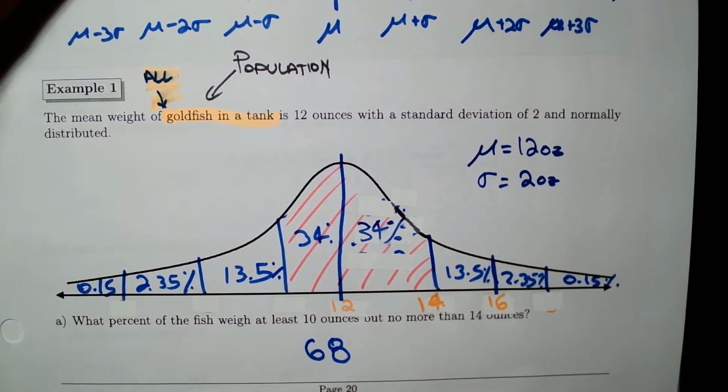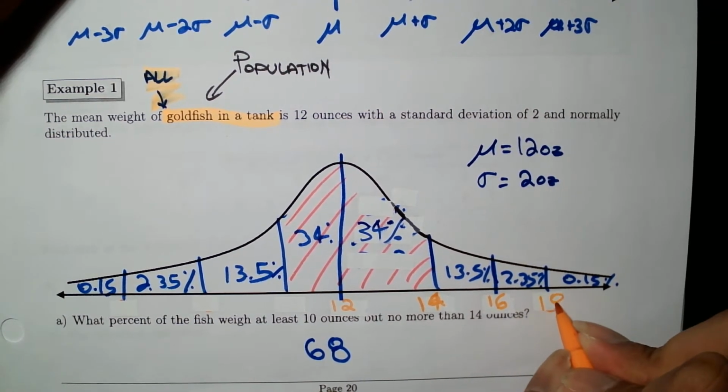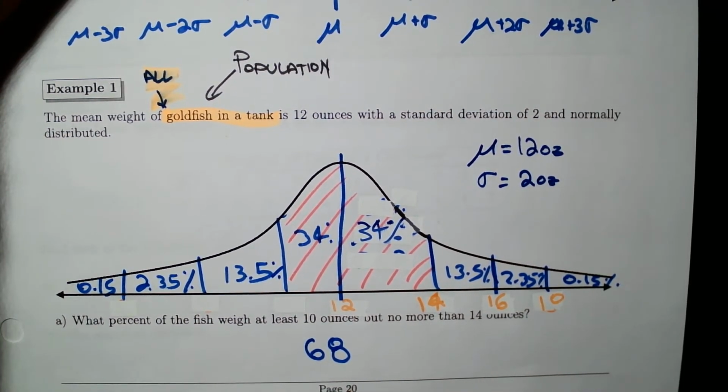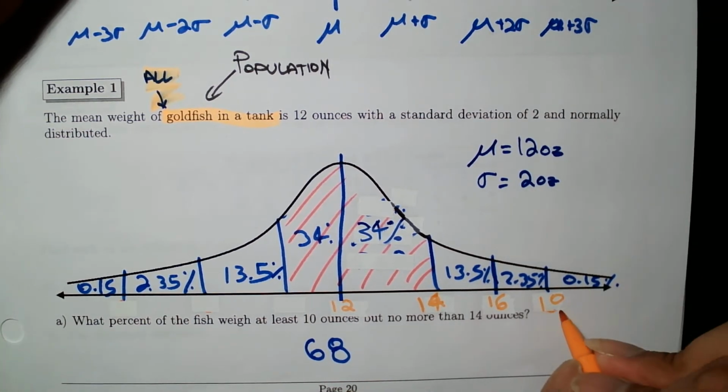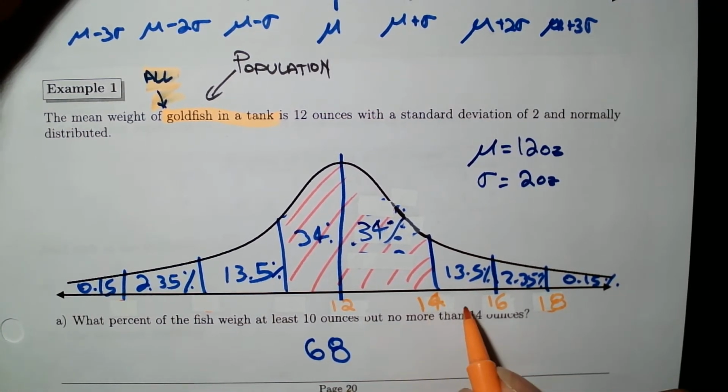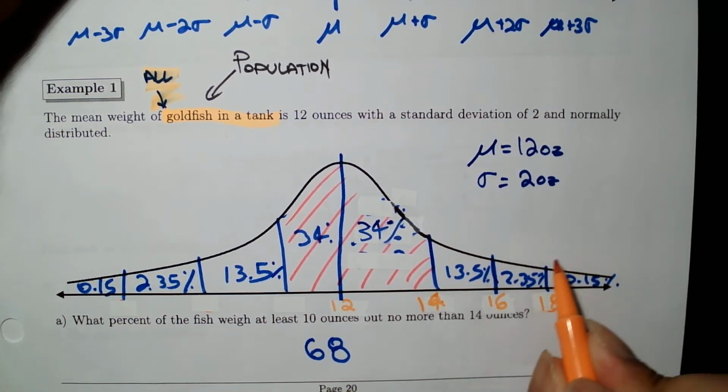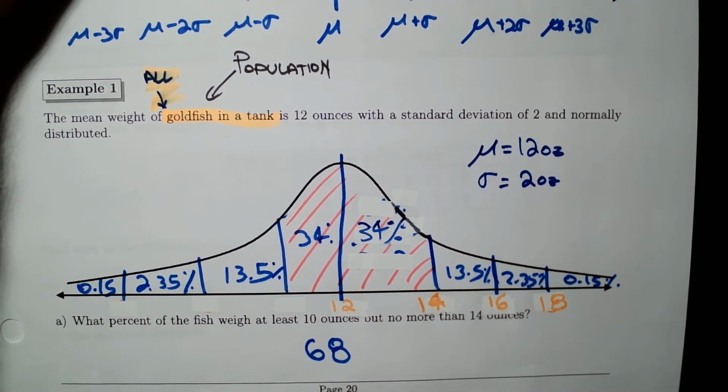This is going to be 16, and then 18. So that's 1 standard deviation, 2 standard deviations, 3 standard deviations, and a bunch of outliers here.